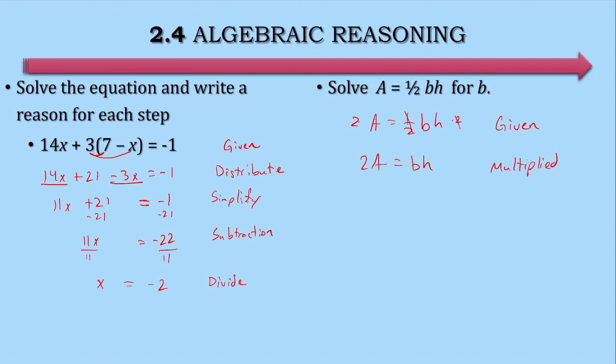And then, let's see, to get the b, it's b times h. We'll do the opposite, get rid of h. So what do we do to both sides? We divided. But the final answer should be b equals 2a over h. If I flip the two sides around, that is symmetric.